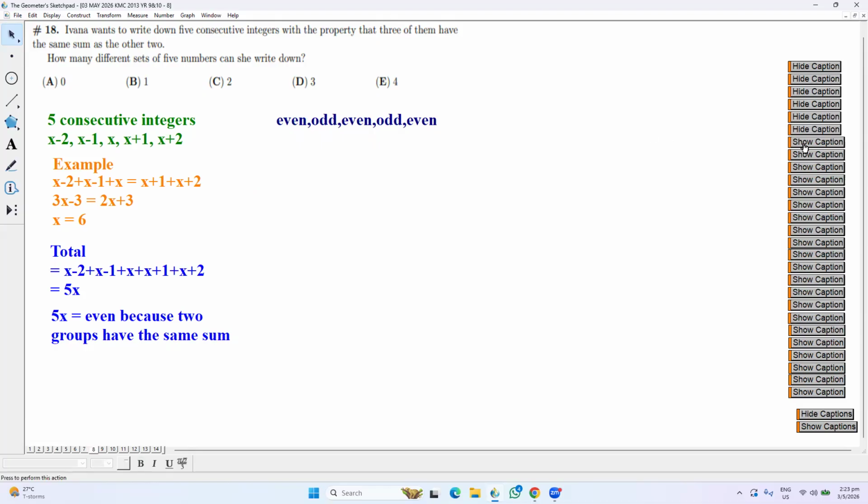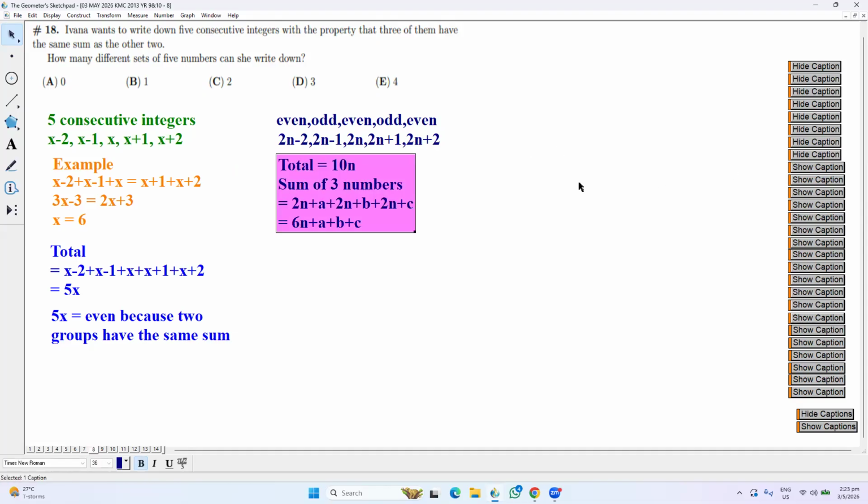And we change to even as 2n instead of x. Since it's even, we put 2n, and then plus minus 1, plus minus 2. Total becomes 10n.